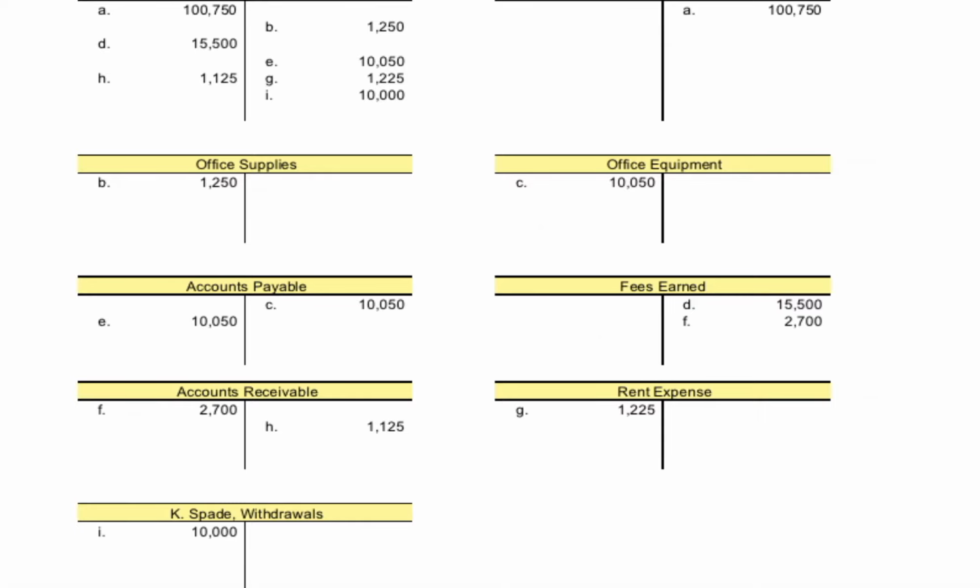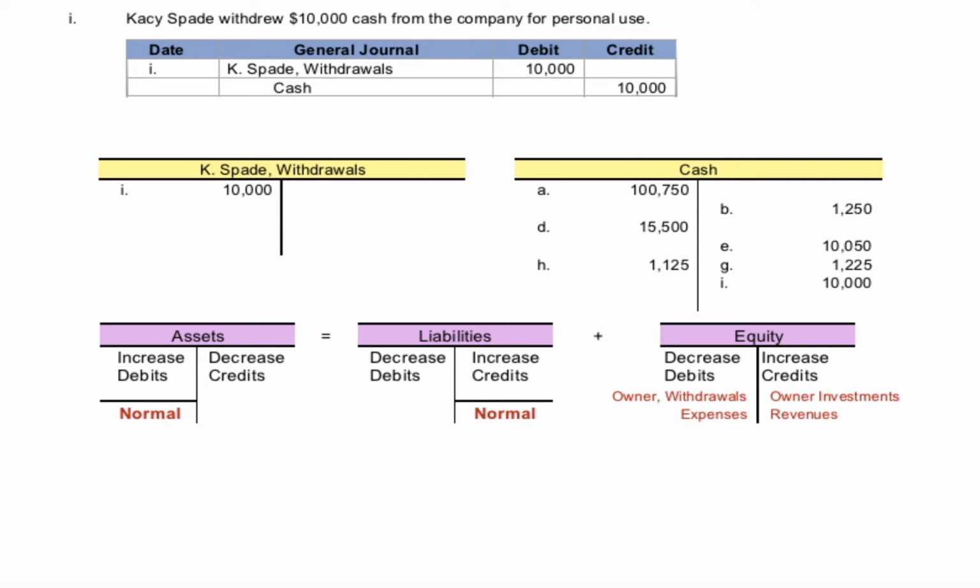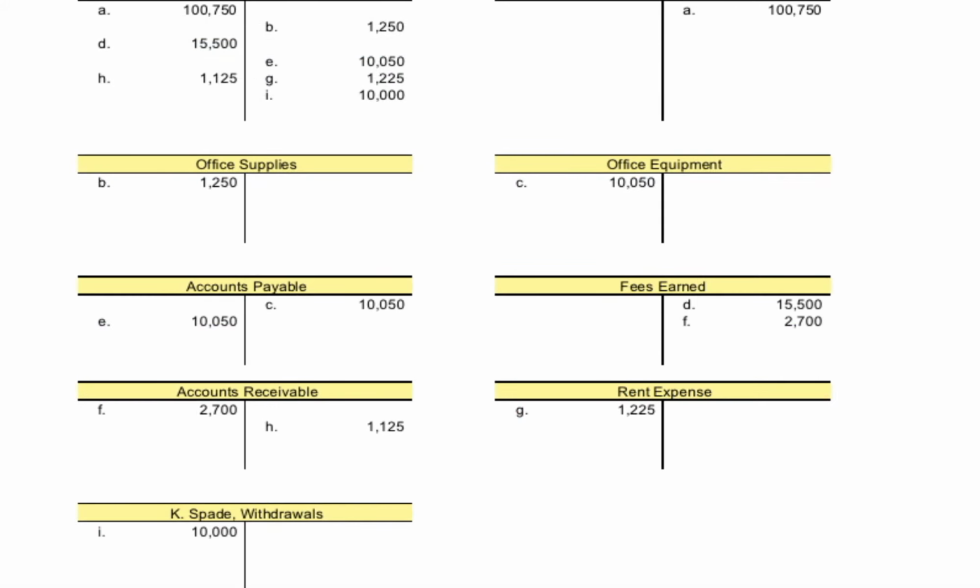Now, obviously, as I was doing these, we were filling that in as I went. That's probably the easiest way to do it. But the way it reads in the actual question says, do the journal entries first. Once the journal entries are done, then come over and fill in the T-charts.